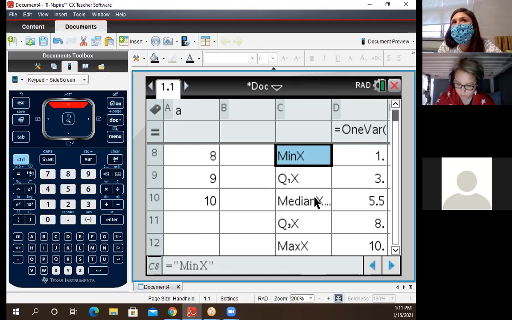The median, it gives me. Q3 is here, and so is our maximum. So if my data weren't in order, I would have to organize it before I could find any of these things. Your calculator has given it to you. So let's say I needed to make a box plot. I can get all of that important information from this tool on my calculator, which is nice.